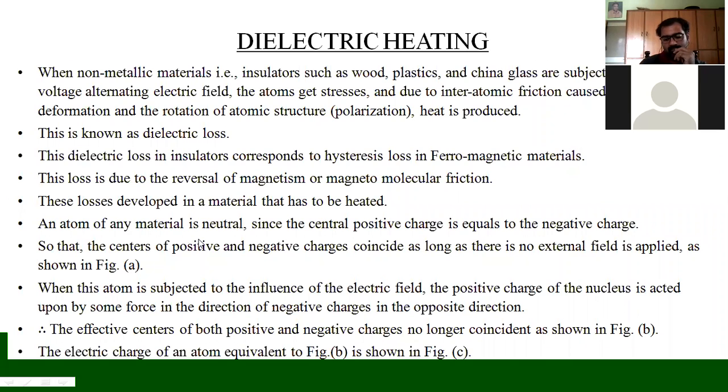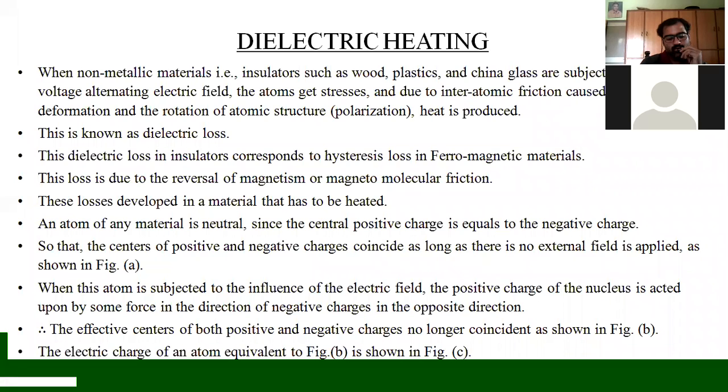Whenever a high voltage is applied to the insulating material, whether wood, plastic, or glass, the atoms present in that material experience stress from the electric field. The atoms in the material get stressed, so we are pressurizing the atoms present in the material.